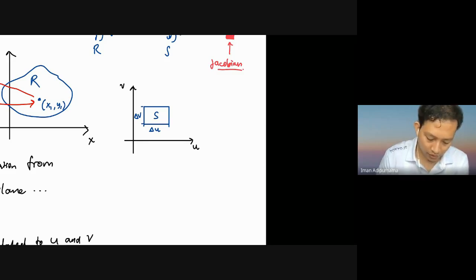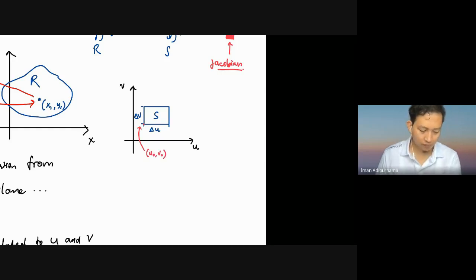And the initial point here has the coordinate u0, v0. So all the way here v is constant, and all the way here u is constant.